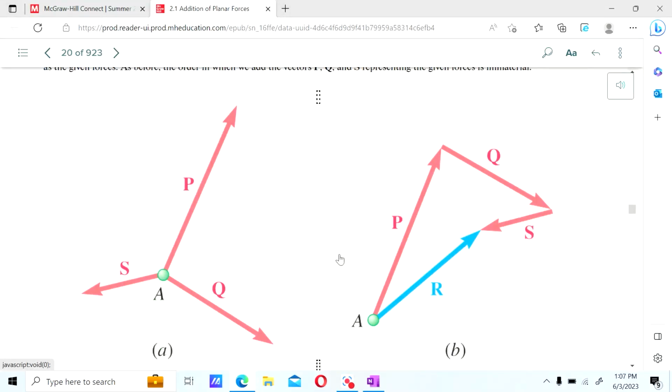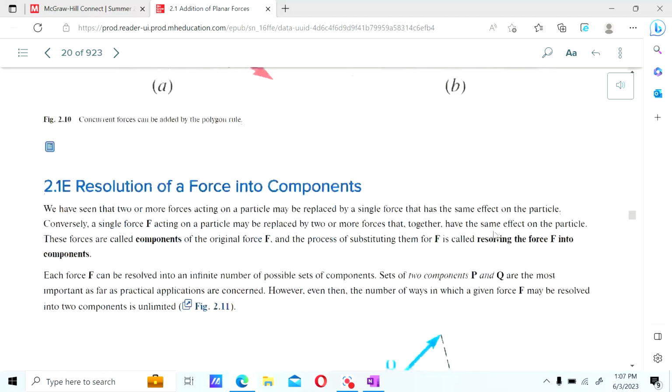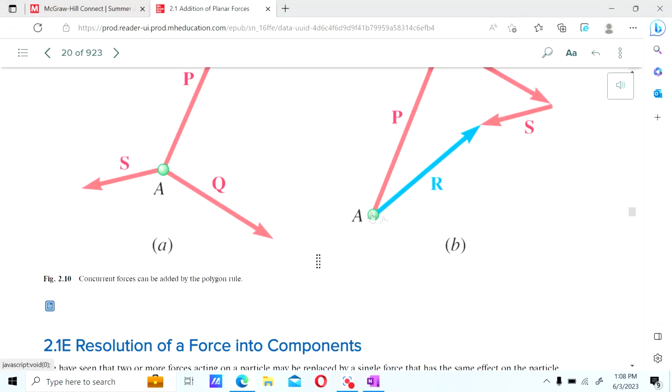So we should be able to compute several forces by now, right? So R, the resultant, is going to be the total force of these three vectors combined. And notice that the total force is always with respect to the origin.